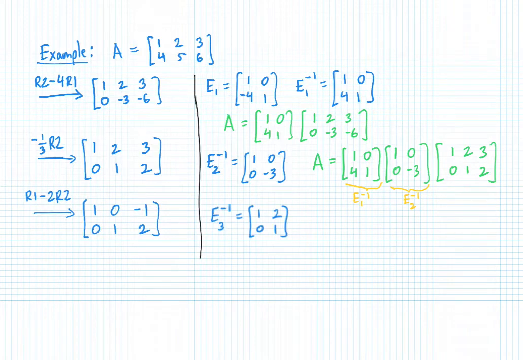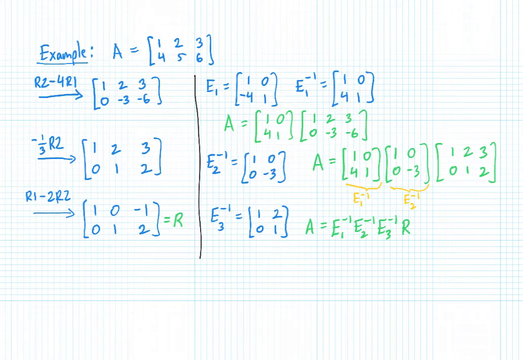Now, to reverse this row operation, we would want to add 2 times row 2 to row 1. And so the corresponding elementary matrix for E3 inverse is 1, 2, 0, 1. And so this gives us yet another factorization of A, where A is E1 inverse times E2 inverse times E3 inverse times R, where R is this reduced echelon form.